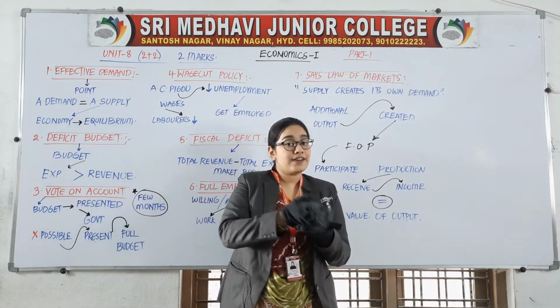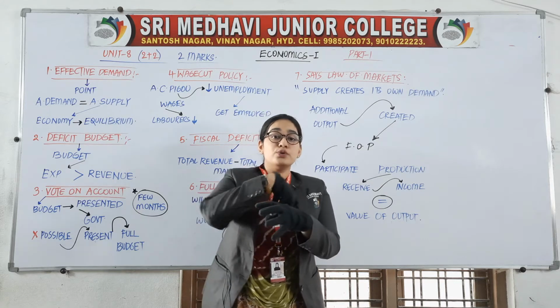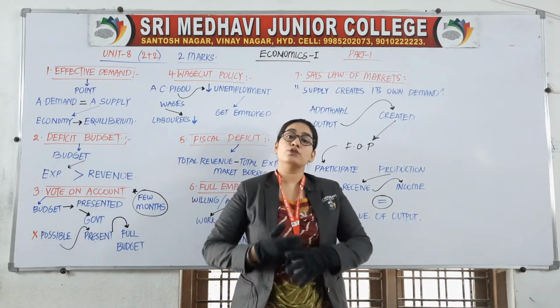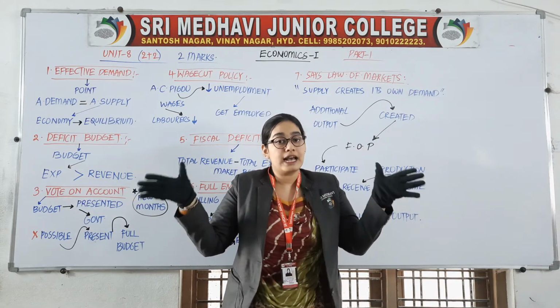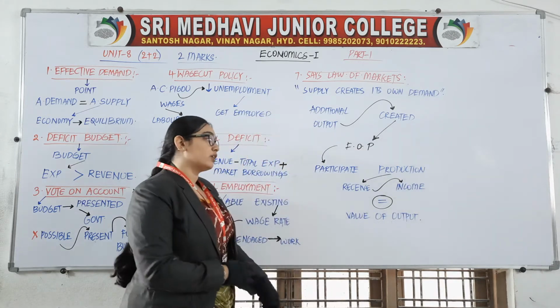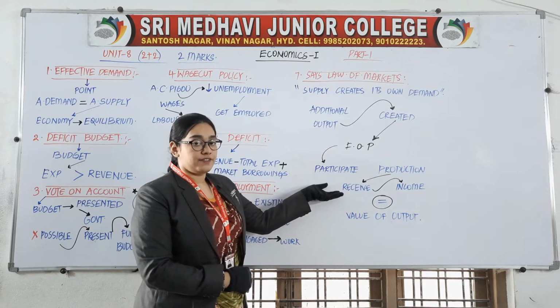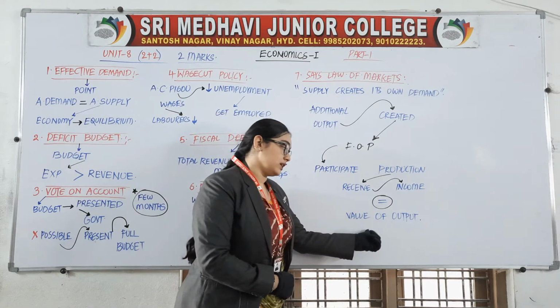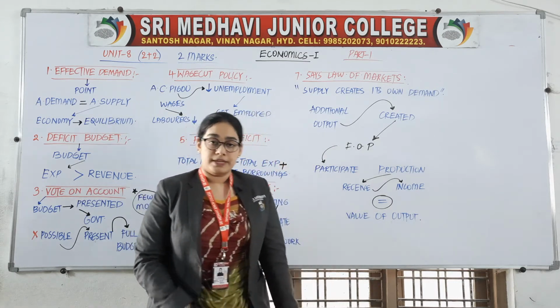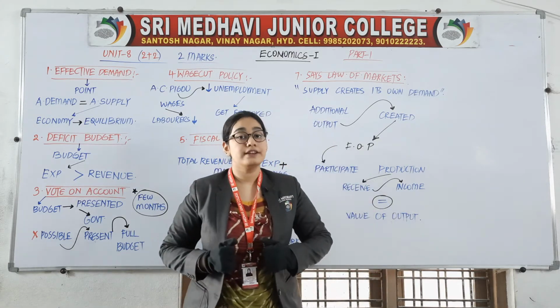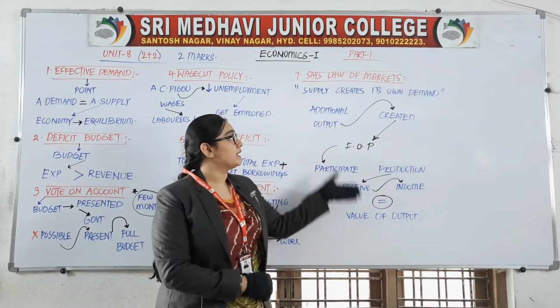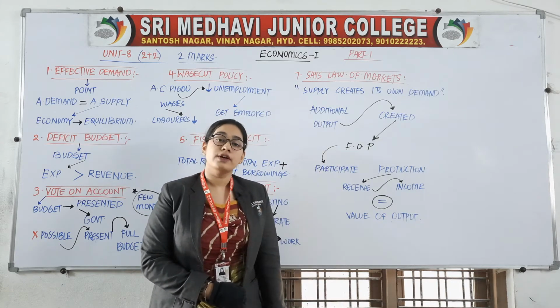Whenever these factors produce some extra final output, they receive income equivalent to the value of output. How much output they have produced, that much income they will receive. This is Say's law of market.